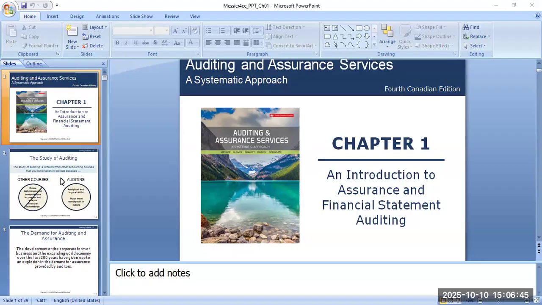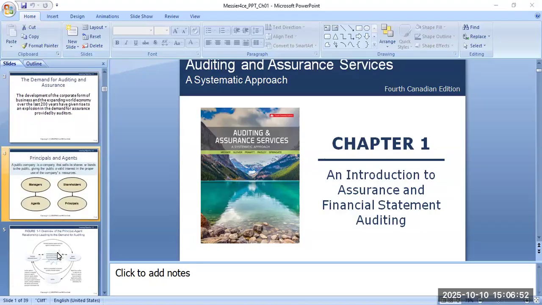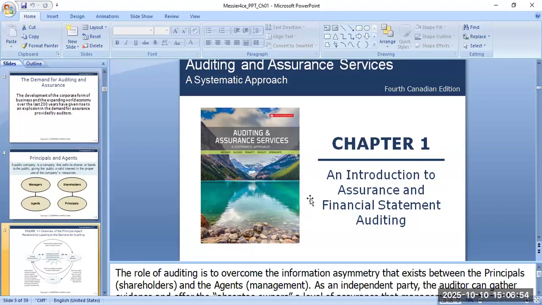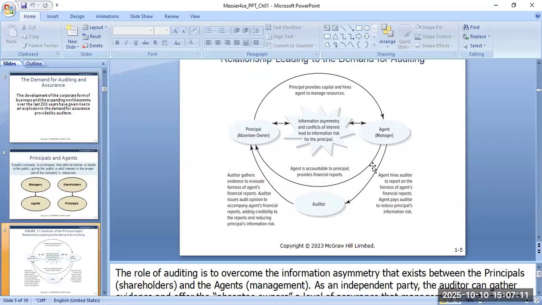Okay, chapter 1. What's the most important of chapter 1 is obviously the cycle. That's not so important with the principal agent theory, with the auditor sitting between the principal and the agent, where the principal is the owner of the company or shareholder and the agent is the manager.